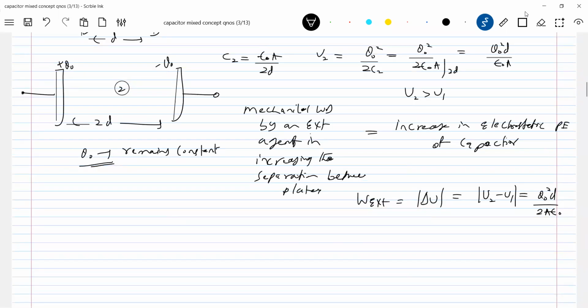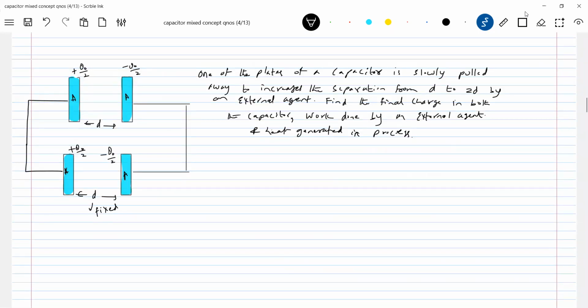Now come back here. So that was isolated, no? So what I did now, both are charged capacitors. Then the separation of one of the plates I'm going to increase.